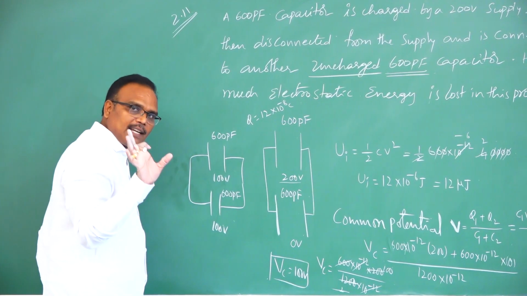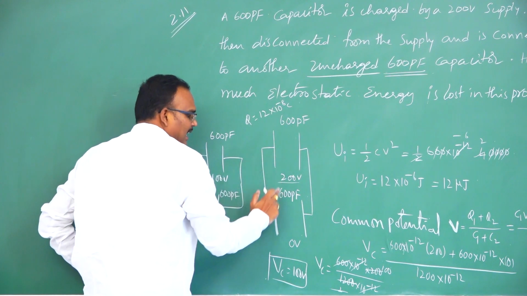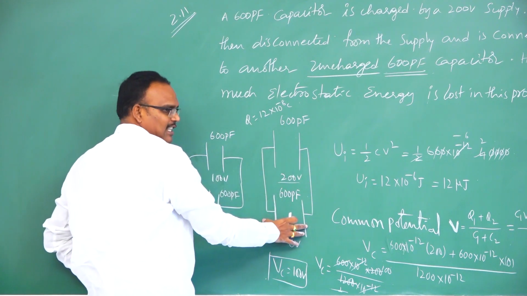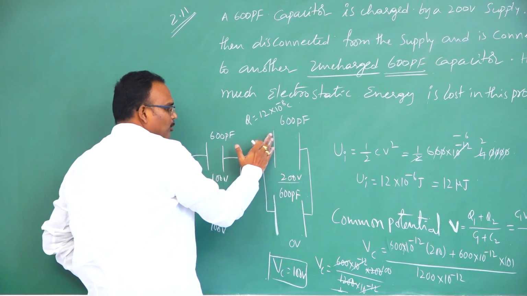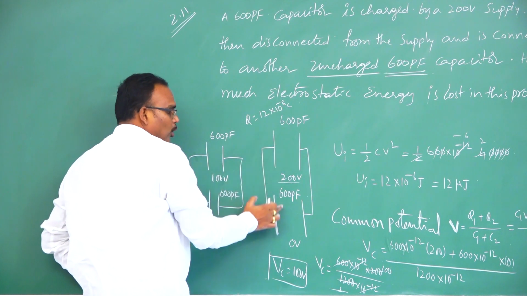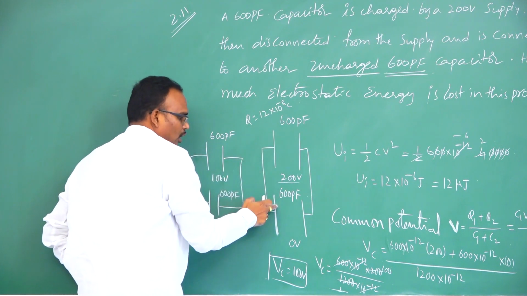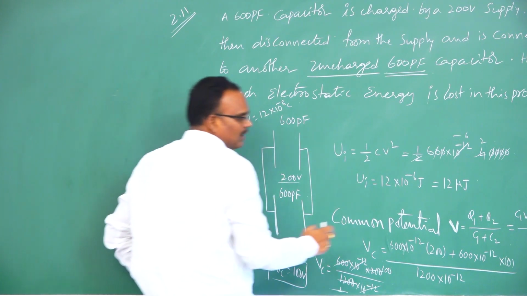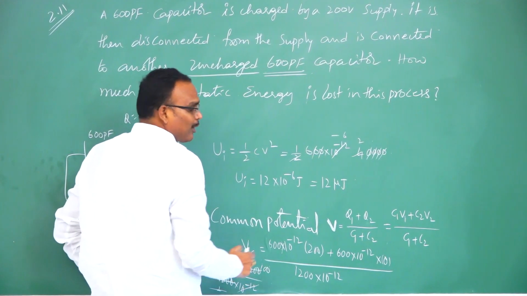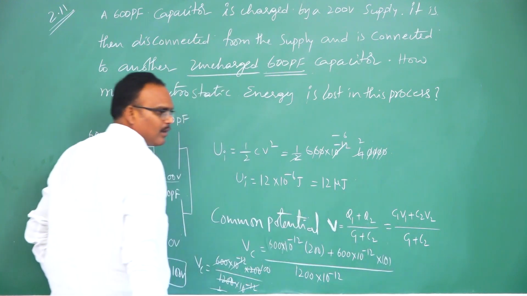Moreover, you have to understand, this is important. If the positive plate of the capacitor is connected to the negative plate, for example, if both the capacitors have charge, then total charge becomes Q1 positive, Q2 negative, so you will get Q1 minus Q2. But in the denominator you won't get that minus, C1 plus C2 only.